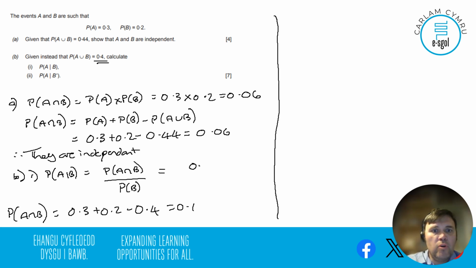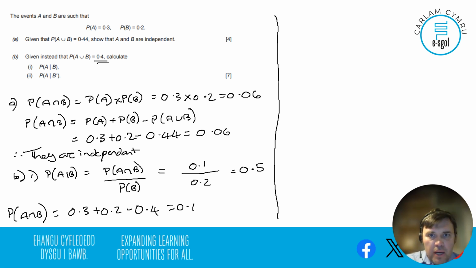So we have 0.1 for the top, probability of B is 0.2, so this gives me 0.5. Just be careful, sometimes halfway through a question, they will change exactly what they're trying to do, or change the direction in terms of things that you need to be aware of.